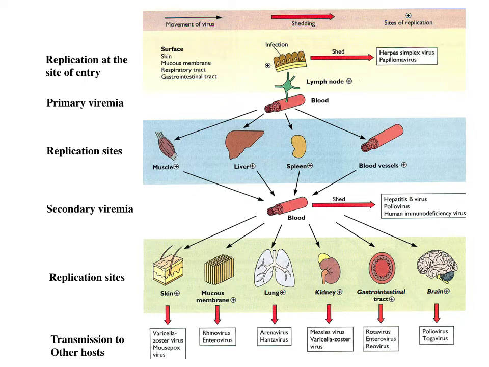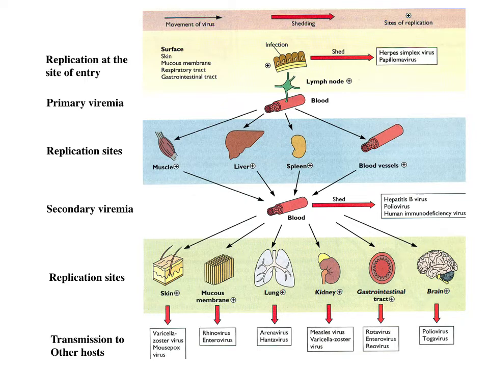And it's at these replication sites after the secondary viremia where we start to see transmission to other hosts. So, for instance, if we go to the lungs, hantavirus is released that way. If we go to the gastrointestinal tract, we have various enteroviruses and reoviruses and so on that are released that way.